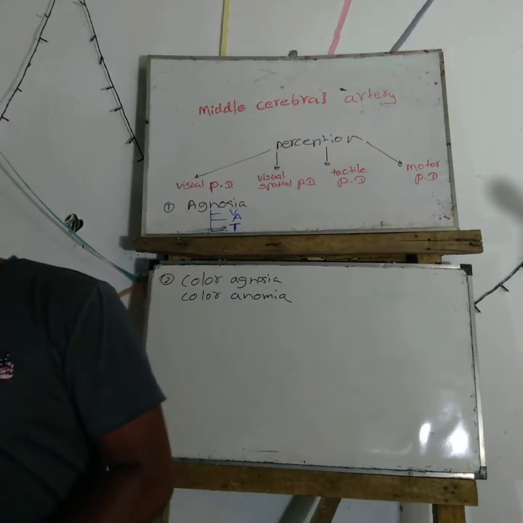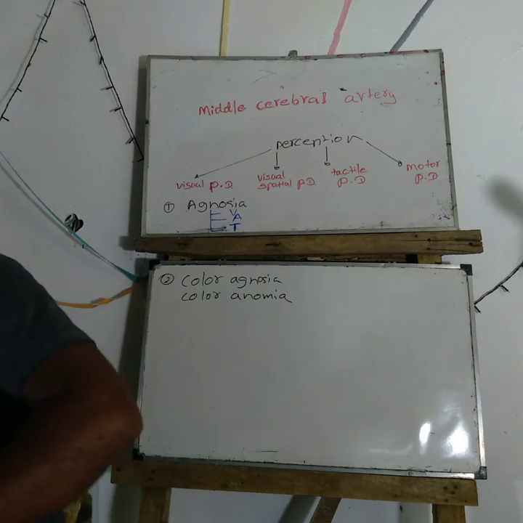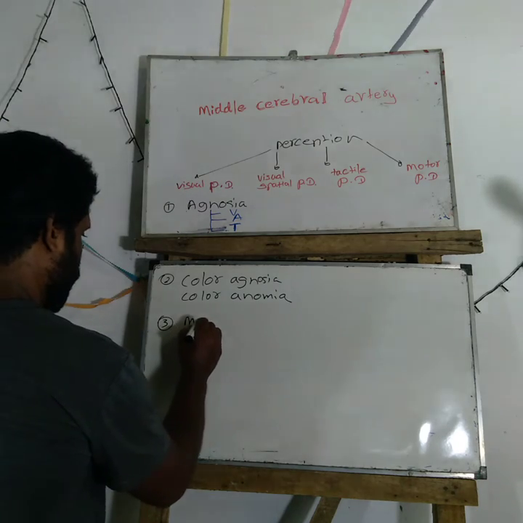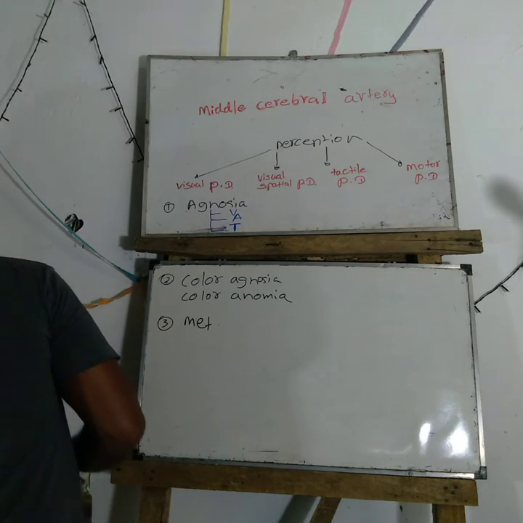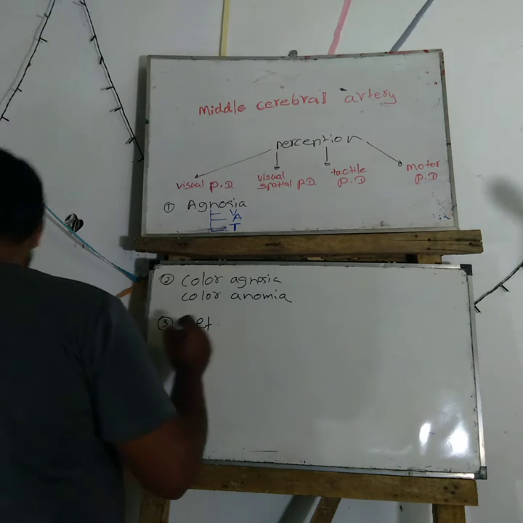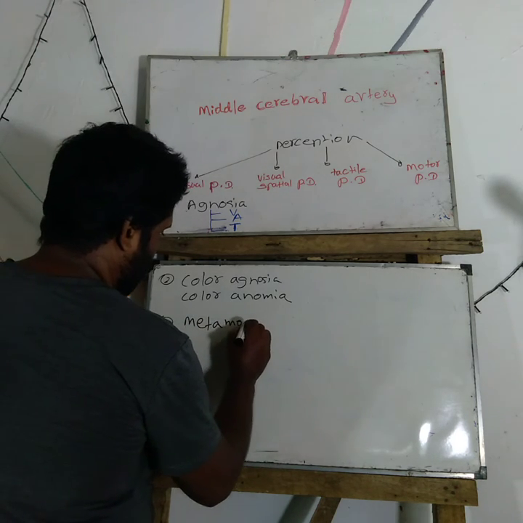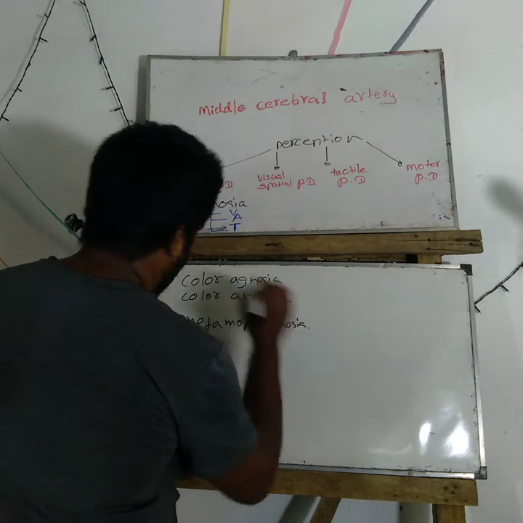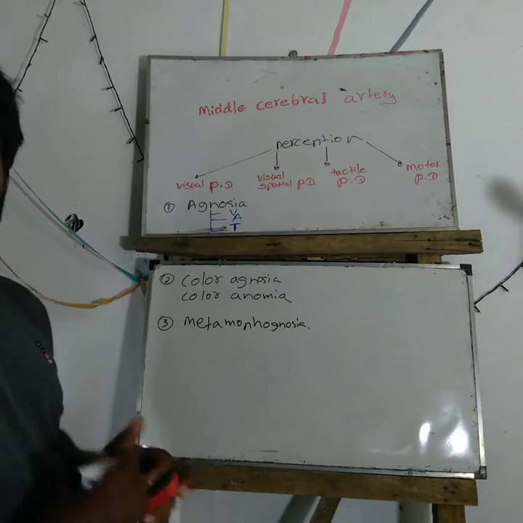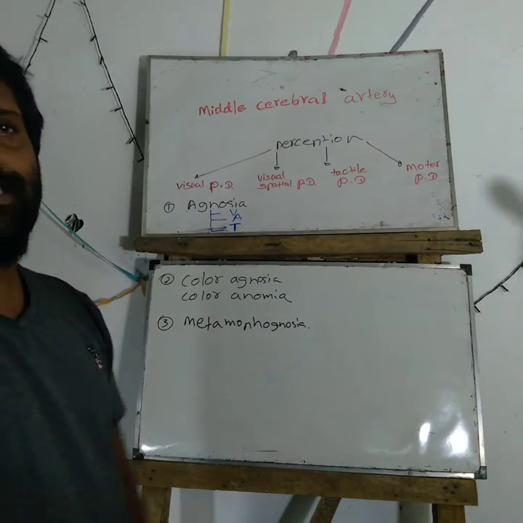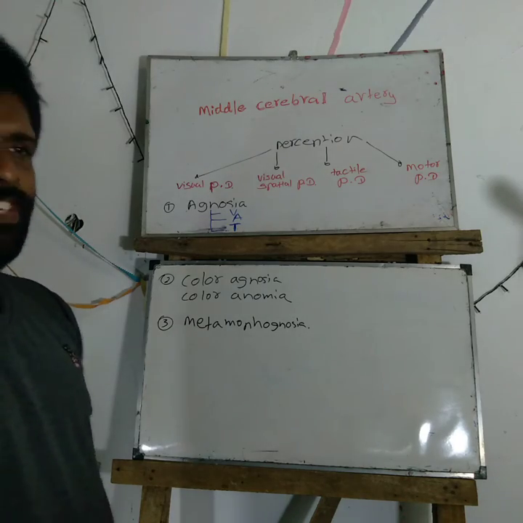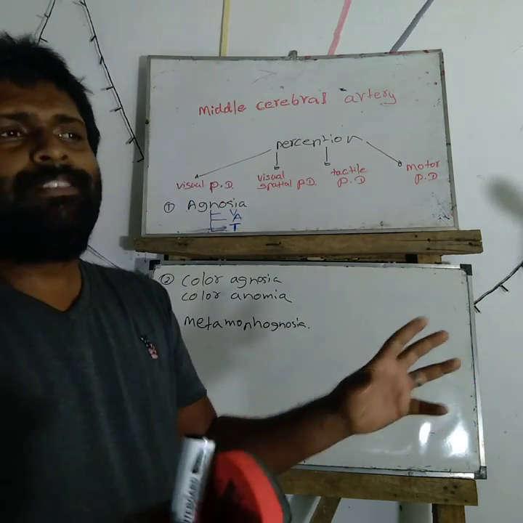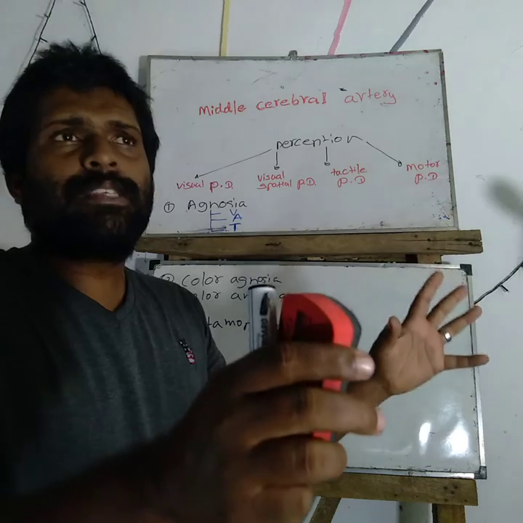The next one is metamorphognosia. In metamorphognosia, the patient can't understand the external environment, the size and shape.